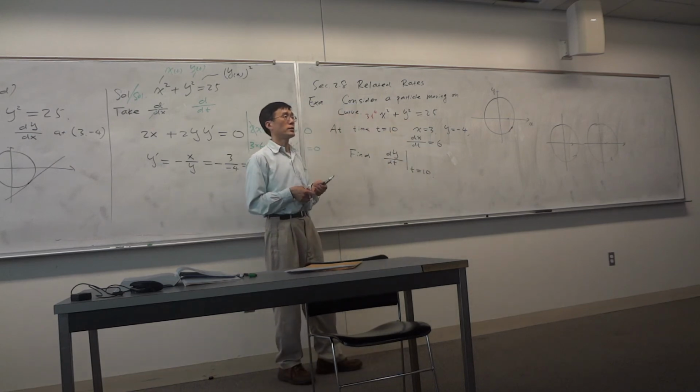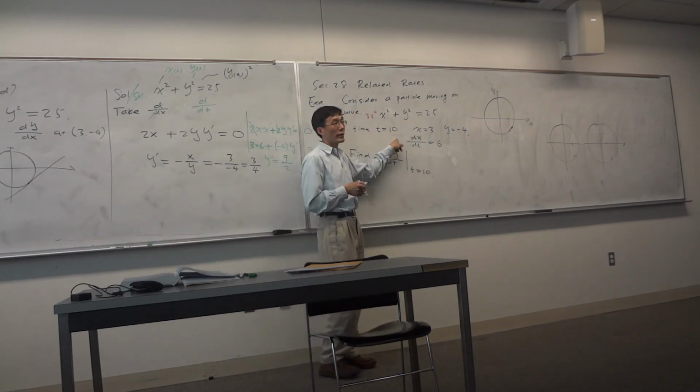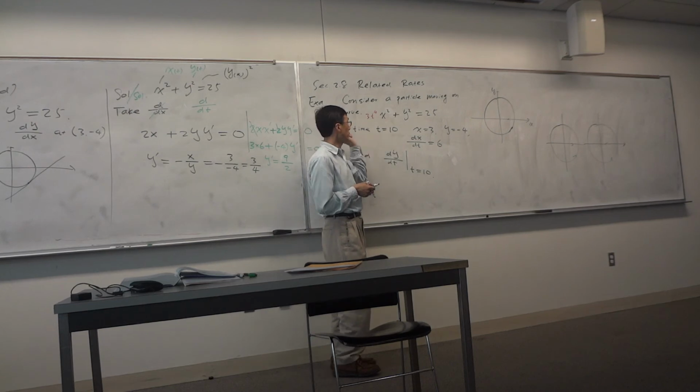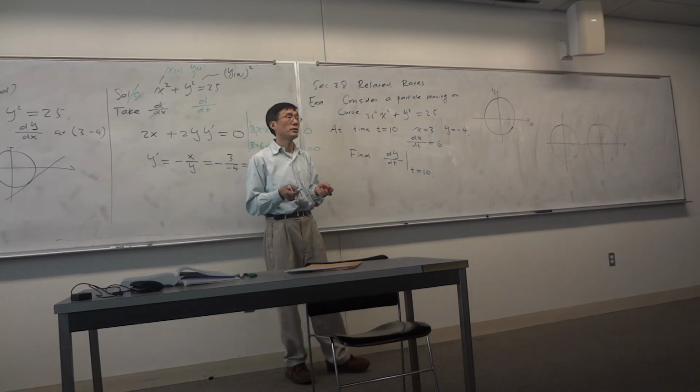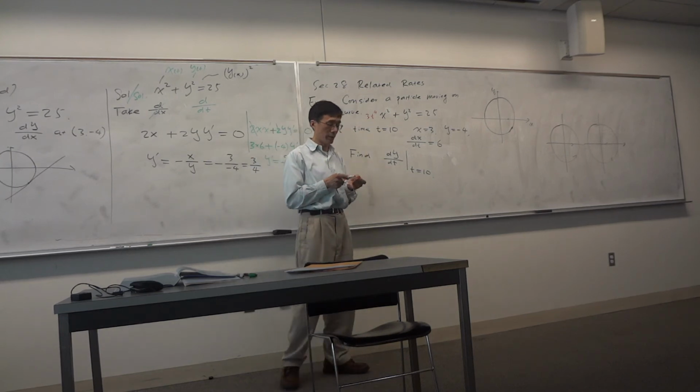Then t equals 10 would be relevant, because when you take a d/dt you're going to have a t here, and you have to substitute t equals 10. But for the original problem, it doesn't matter.